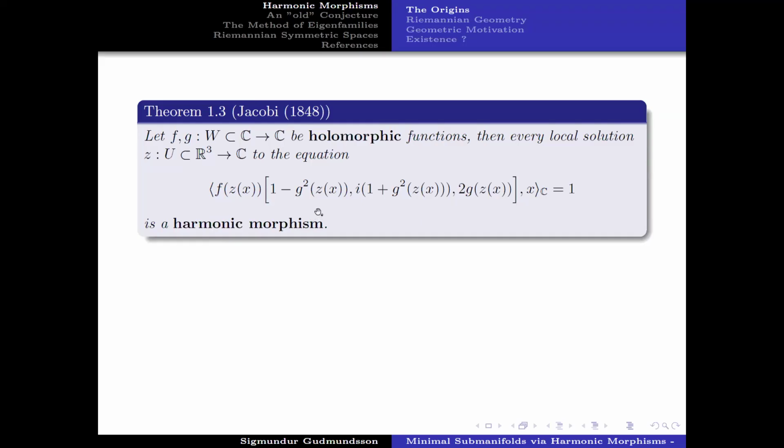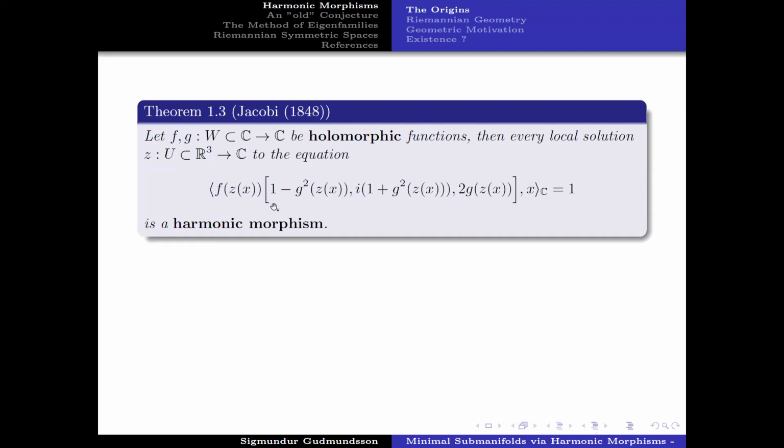So it's the conformality that forces this to be of this type, and then the holomorphicity of f and g means that this is a harmonic morphism. So he could prove that.